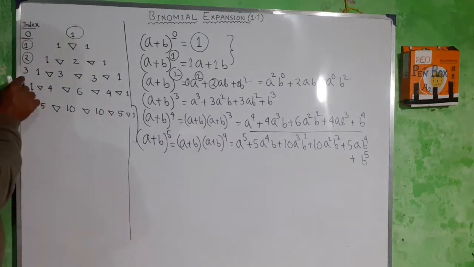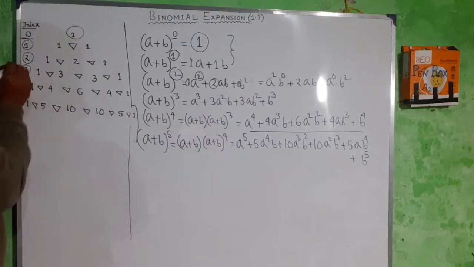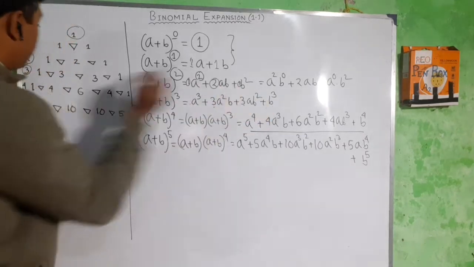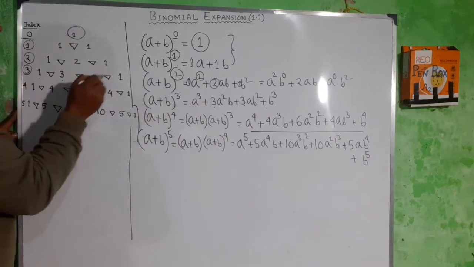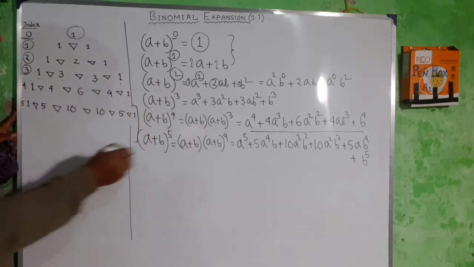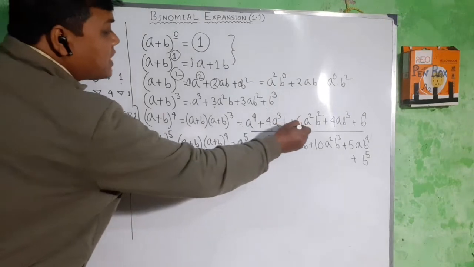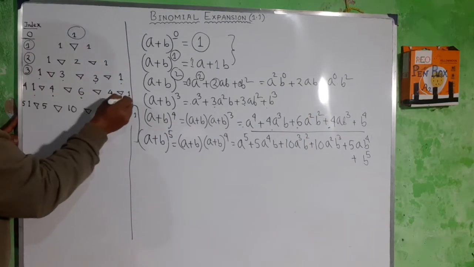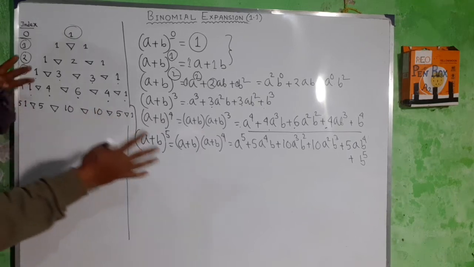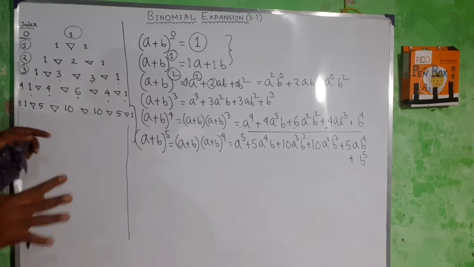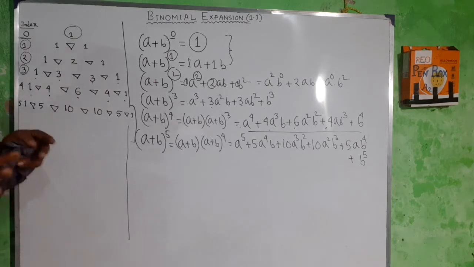For index 3, the coefficients are 1, 3, 3, 1. For index 4, the coefficients are 1, 4, 6, 4, 1. So it is totally merged with this. I think it is clear to you.